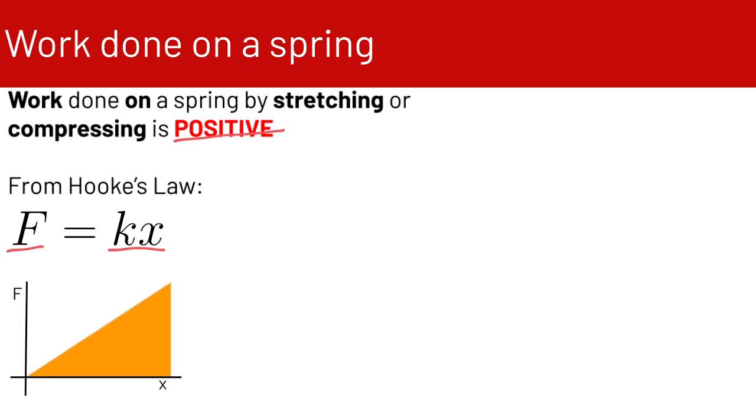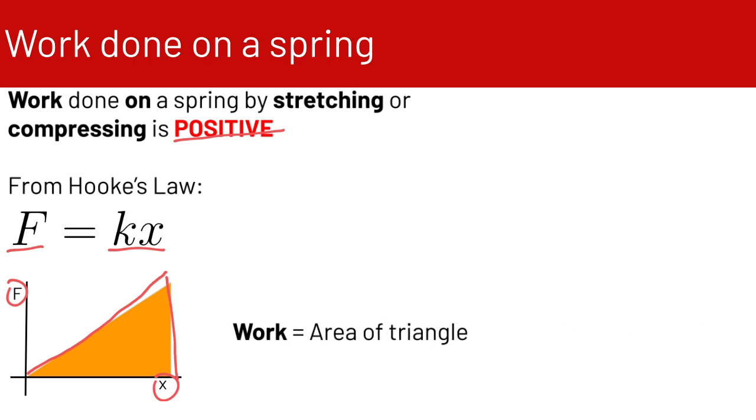If we plot that on a graph, with F on the y-axis and x on the x-axis, we have this little triangle here. The work is the area of the triangle.